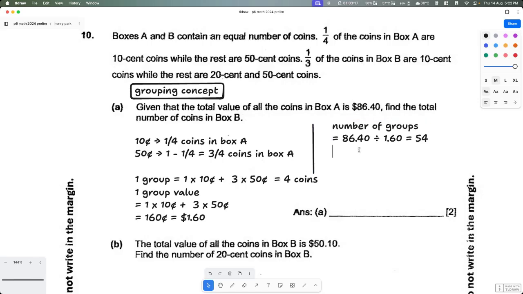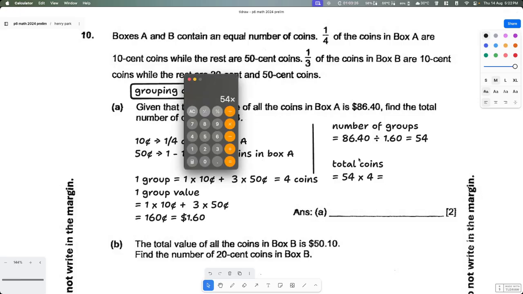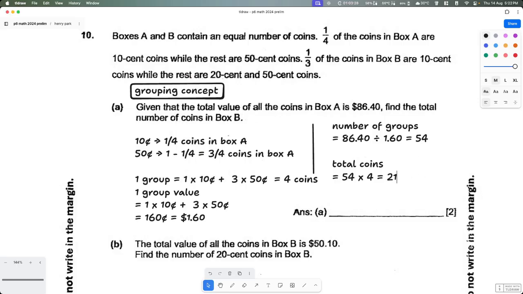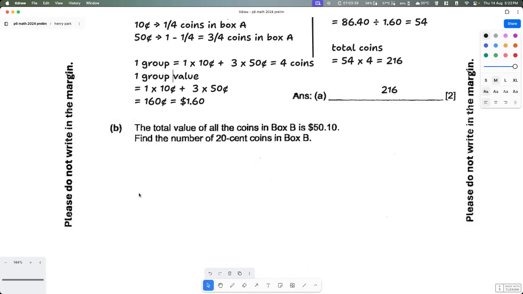So total coins equal to 54 times 4, which is equal to 216 coins. Okay, so that's the answer, 216 coins. There you go. All right, let's move on to the next question, part B.